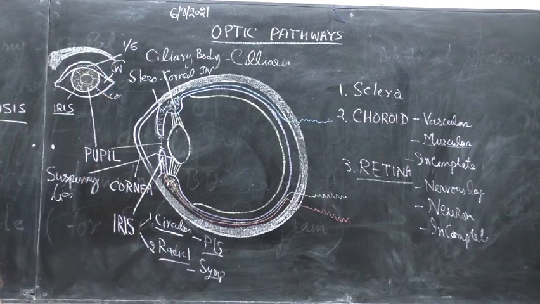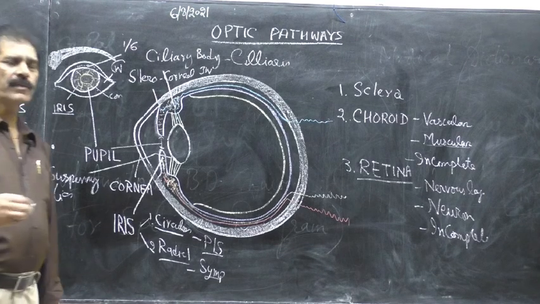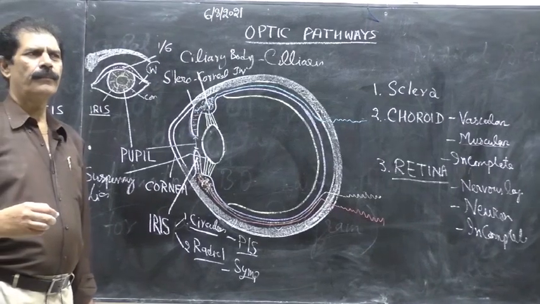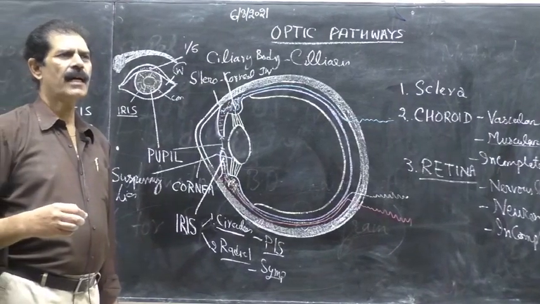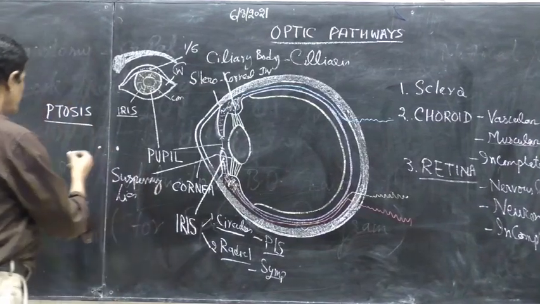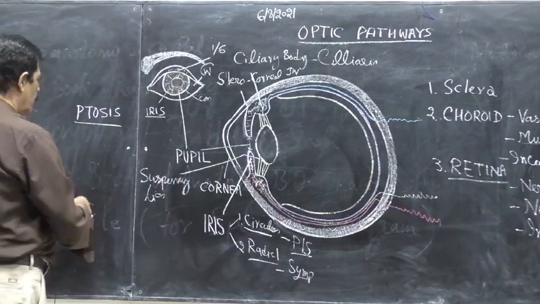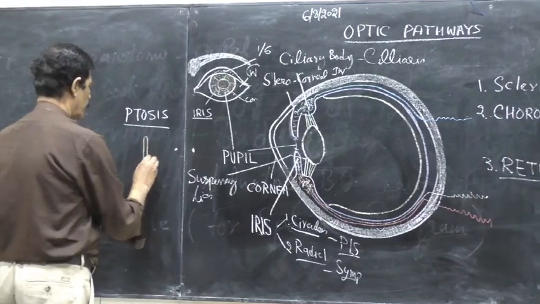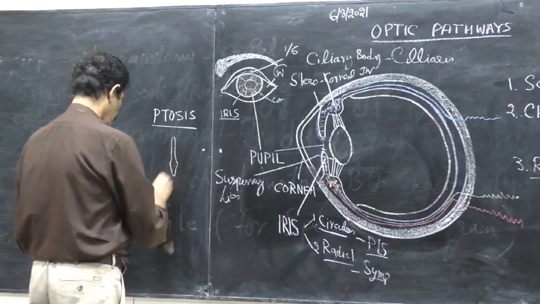And it consists of 4 layers. The uppermost layer is made up of rods and cones. The cell bodies are cone-like and rod-like. So they are the rods and cones.